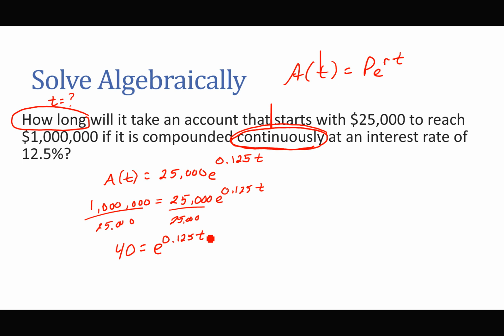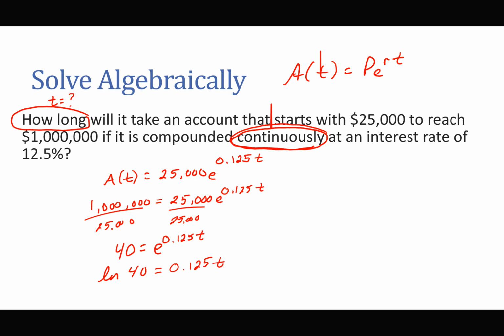So 40 equals e raised to the 0.125 t. I can rewrite this in log form. So it'd be log base e of 40, or the same thing as natural log of 40, equals 0.125 t.